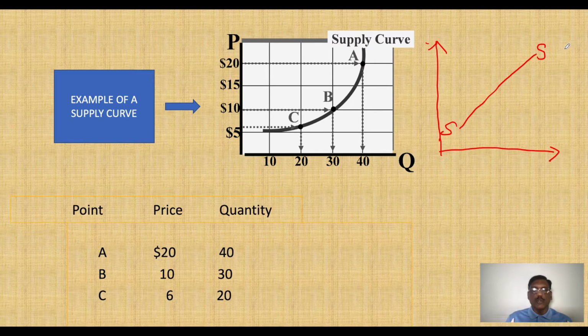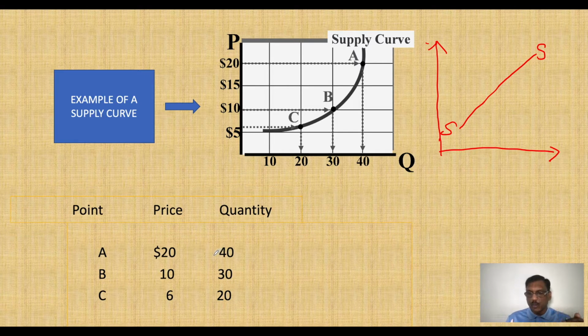Okay, you get an upward sloping graph. Now, a lot of times our participants ask, why should it be that when the price goes up, people want to offer more? This has to do with the cost structure. All the suppliers don't have a similar cost structure. Some are more efficient and some are less efficient.